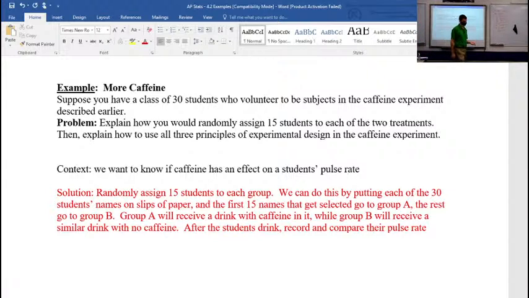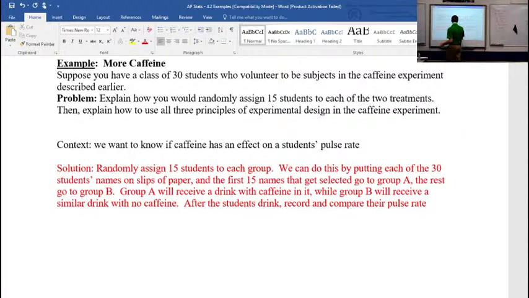We have given our two treatments that we are comparing between. We're making sure the only difference between the two treatments is one gets caffeine, the other doesn't, so that we know caffeine is the determining factor. And then we're saying what is the response variable that we're comparing the results about. In this case, it's their pulse rate. We want to be specific about that. Don't just say compare results, say what results we're comparing.